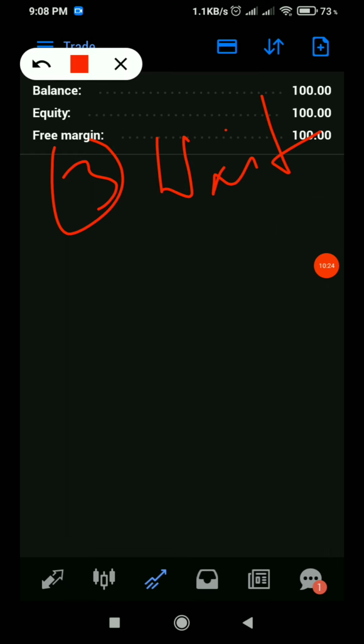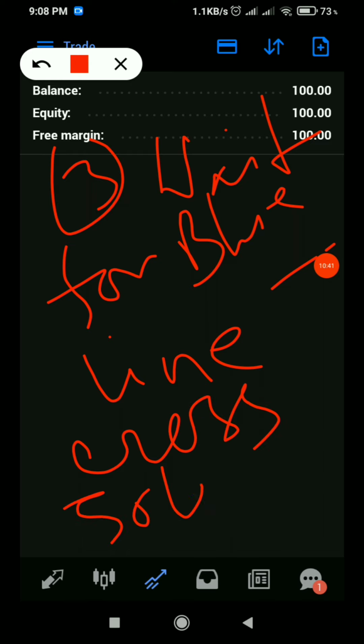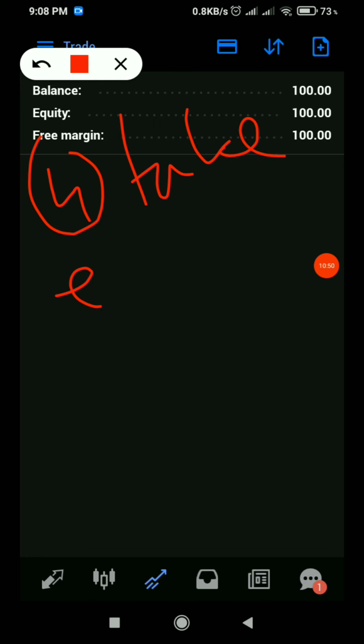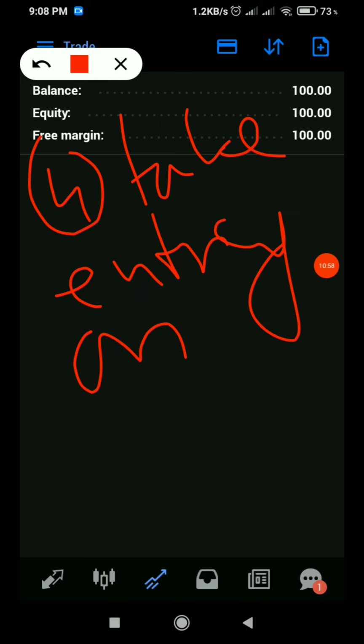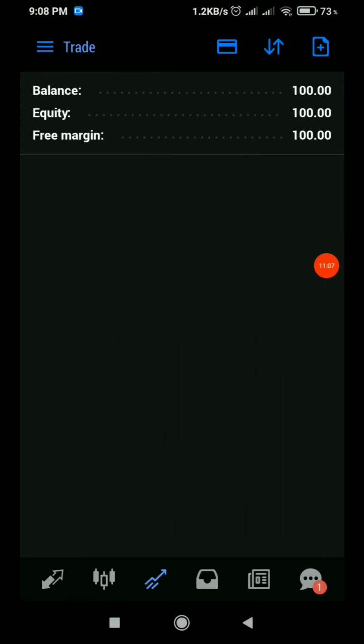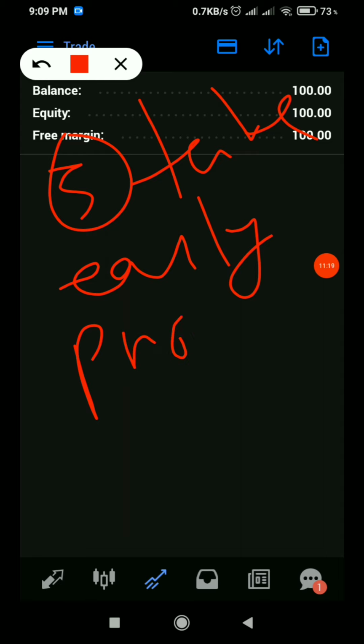And number 3, wait for the blue line to cross the 50 level. Number 4, take entry. So take entry, that time is the number 4 rule. And number 5, take hourly profit.